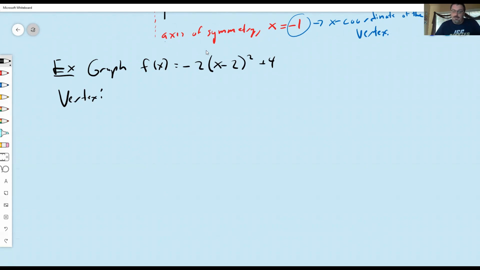So f of x equals minus 2 times (x minus 2) squared plus 4. And remember, this is opposite, this is same. So the opposite of minus 2 is plus 2. The same as 4 is 4. There we go.